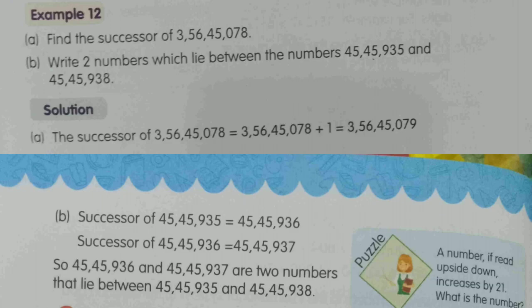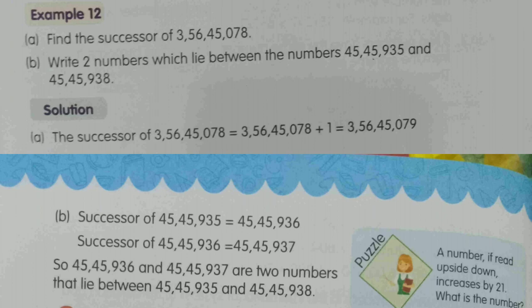Now we calculate the successor of this number, again by adding 1, and we get 45,45,937. So 45,45,936 and 45,45,937 are the two numbers that lie between 45,45,935 and 45,45,938. So these are the concepts that are needed to solve exercise 1.5.